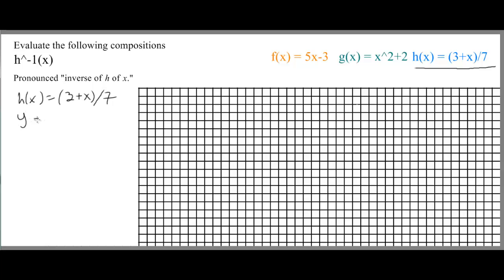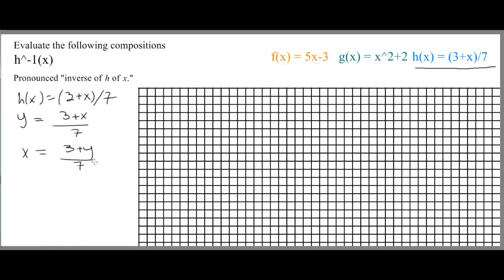Let's write this as an equation: y equals 3 plus x over 7. Again, the first thing we do is interchange the coordinates. So we're going to put x over here, and 3 plus y is over 7.